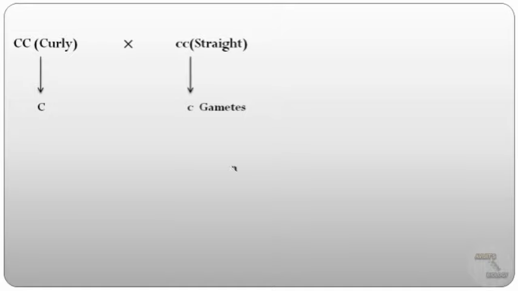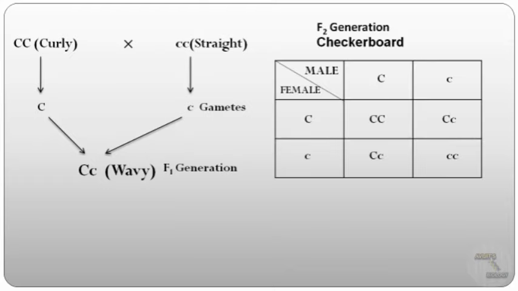So in the F1 generation we will get capital C small c, which is the child with wavy hair. Now if we produce the checkerboard of the F2 generation, then we will get one capital CC, two capital C small c, and one small cc. So we are getting one curly haired child, two wavy haired children, and one straight haired child.